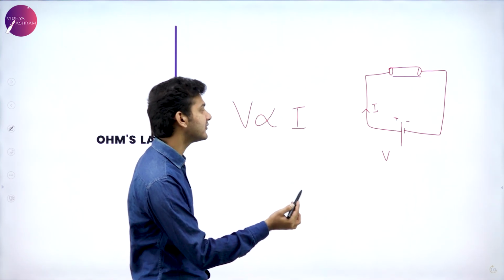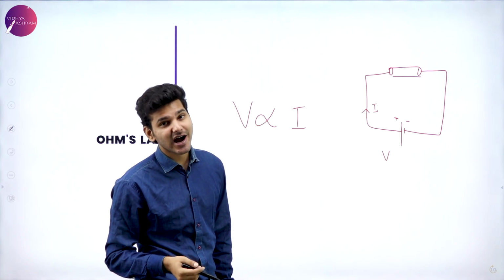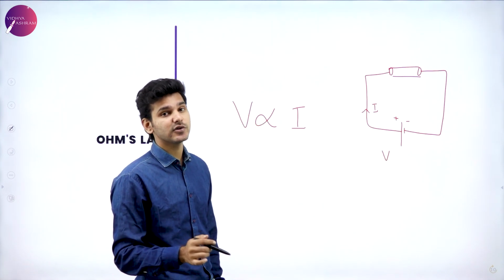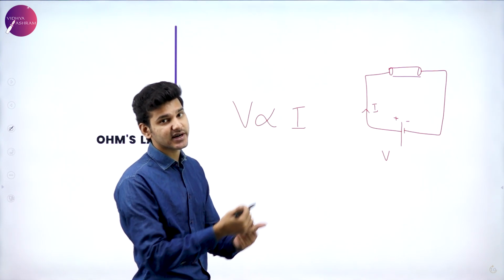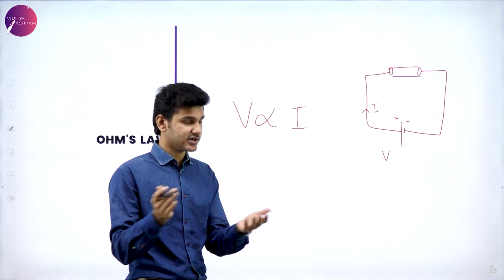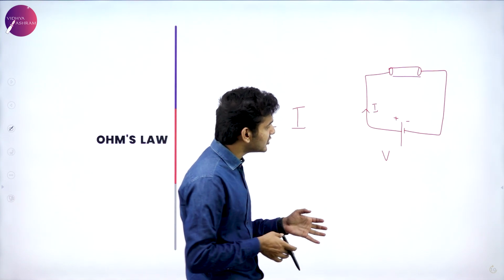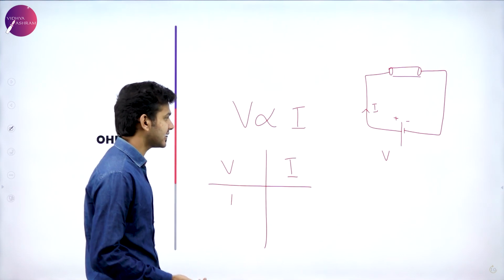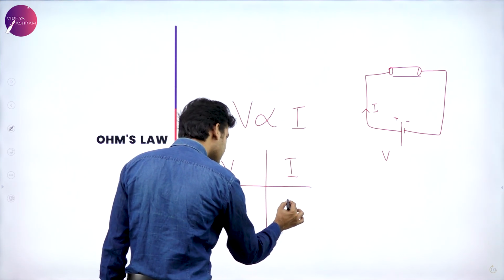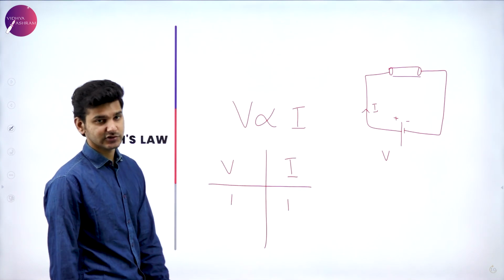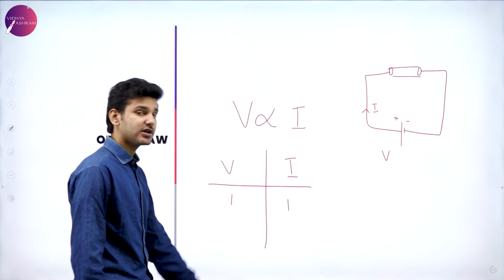Current I will be flowing from the positive side to the negative side, and that particular I is nothing but the conventional current flow in that particular circuit, but the electron flow will be in the opposite direction, known as electronic current. But anyways, the point is that if I am using a 1 volt battery to power this particular circuit, and I was getting an output of 1 ampere. For simplicity's sake, let's say I'm getting a 1 ampere current output.